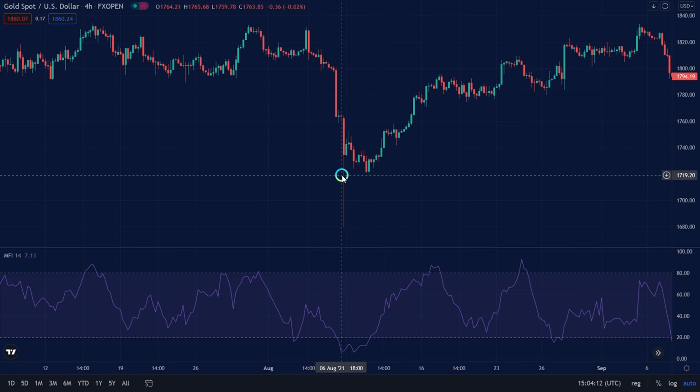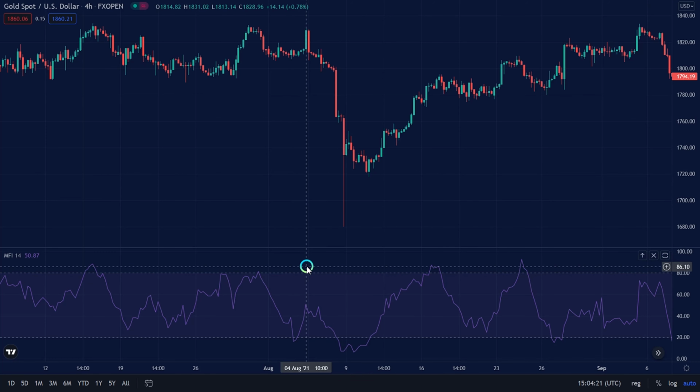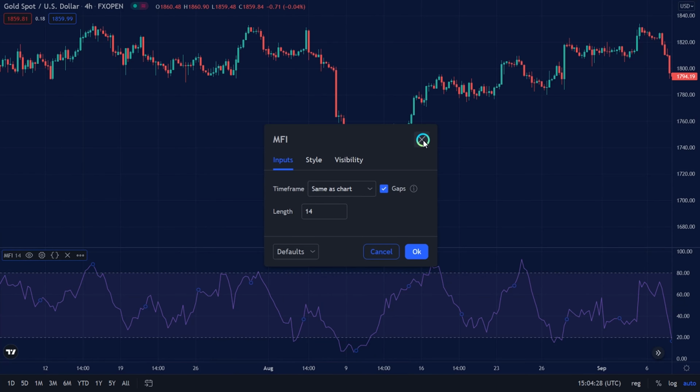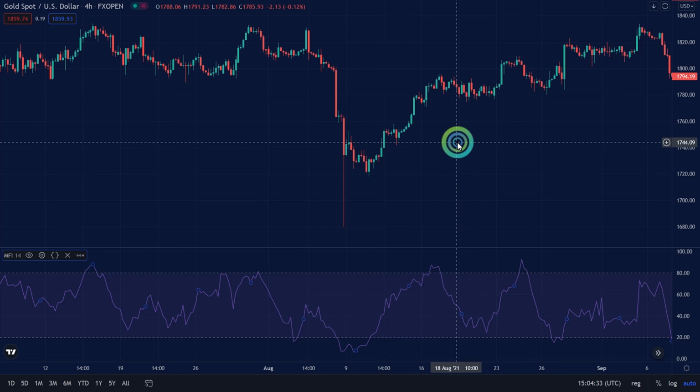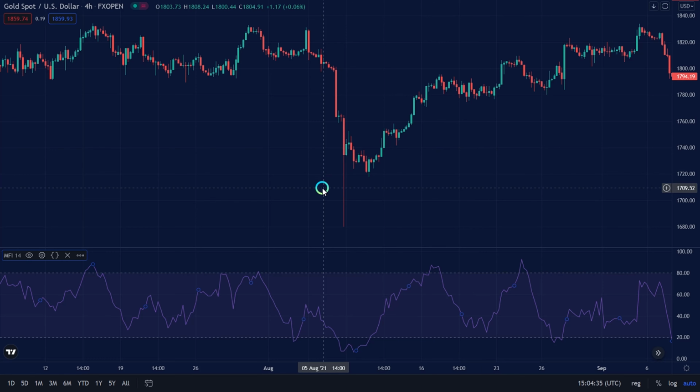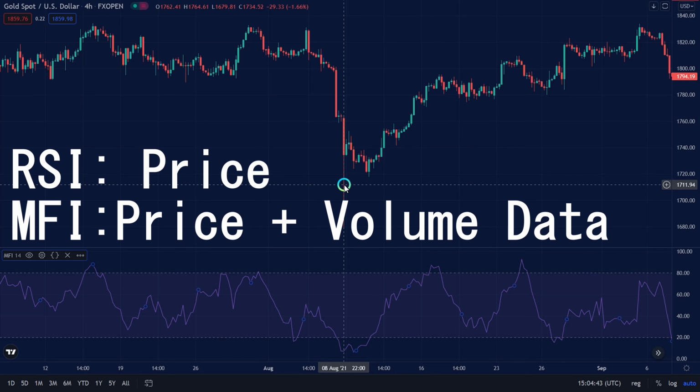So the money flow index indicator is really similar to RSI, but, and here is the key, the RSI indicator doesn't include the volume data, but the MFI indicator does. And in my opinion, the RSI indicator can't really be used to find divergences, but the MFI indicator is really good to do that.